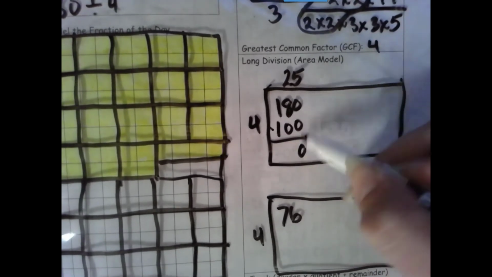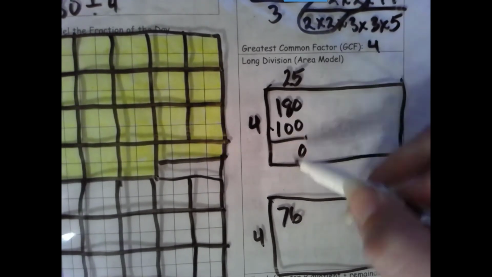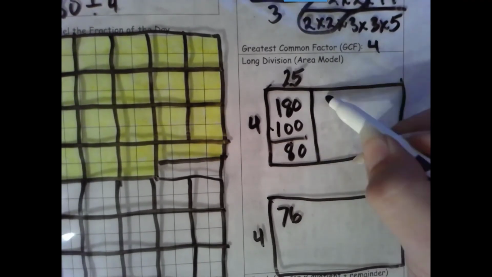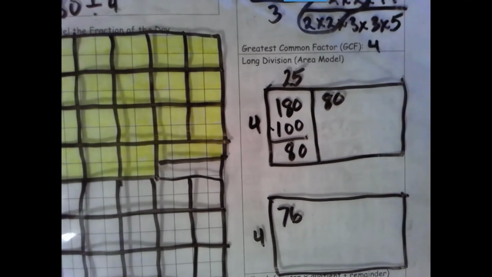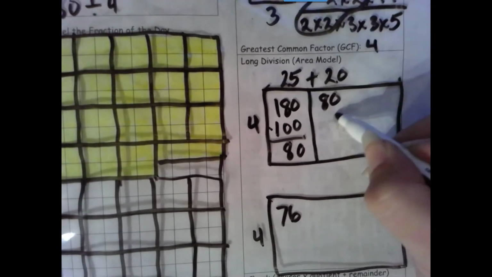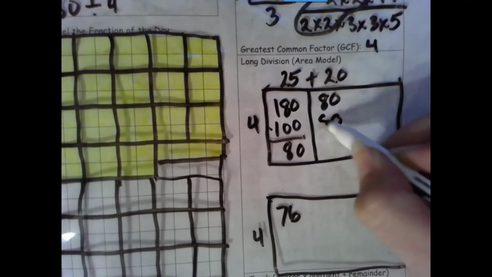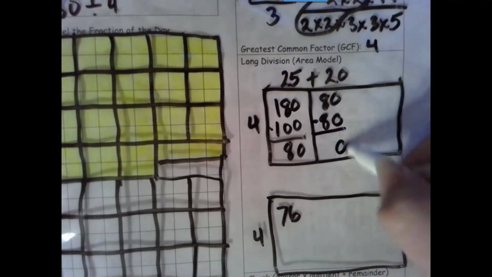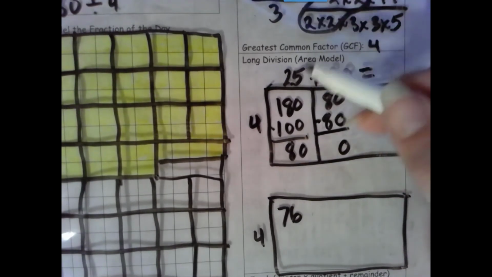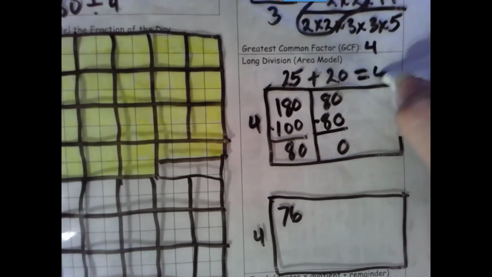More on top, no need to stop. Numbers the same, zeros the game. Let's bring 80 up here. And let's see, 20 times 4, placeholder moves it over a place. 2 times 4 is 8. Numbers the same, zeros again. Let's add these partial quotients together. 25 plus 20 more is 45.